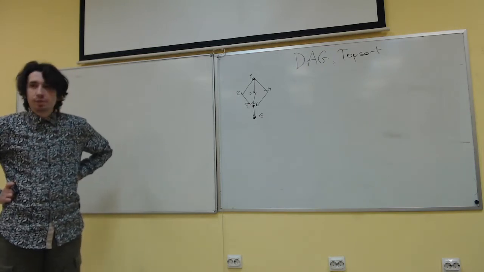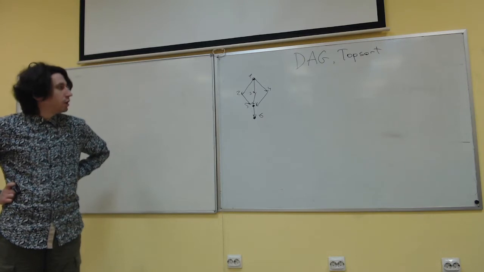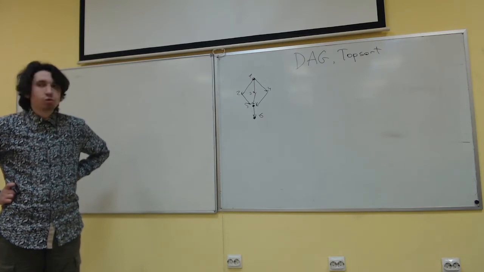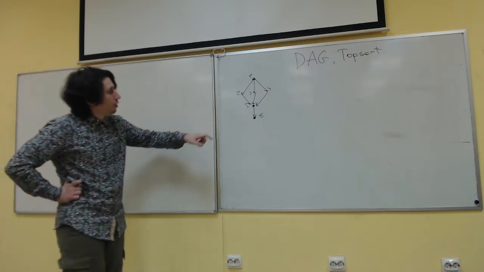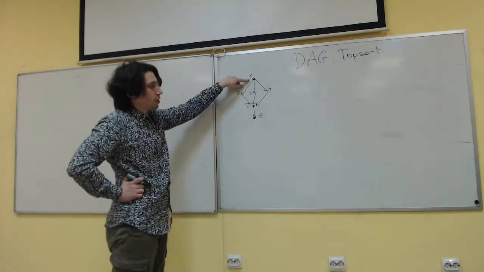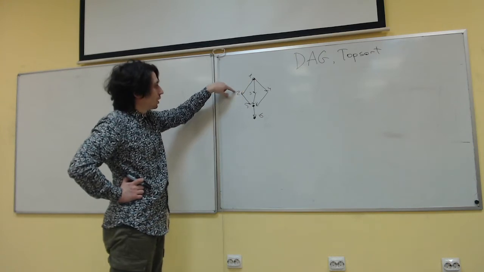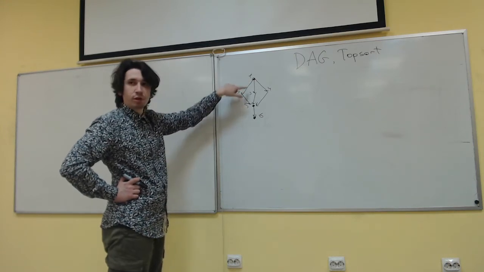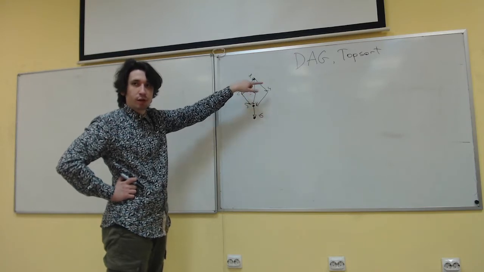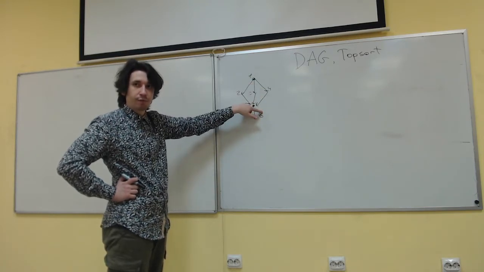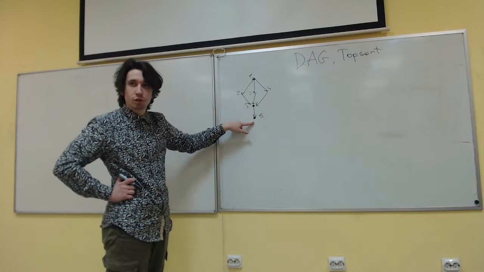What is behind topological sort is that it tells you the order in which you should do things. For example, you start from 1, then you continue with 2. You cannot go to 5 because 3 and 4 are not yet finished. So at first you should finish 3 and 4 and then go to 5. Then you finish 5 and then you finish 6.